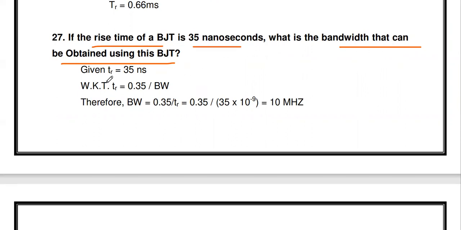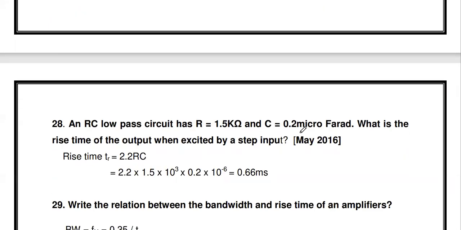The relation between the rise time and bandwidth of the transistor is rise time equal to 0.35 divided by bandwidth. So the bandwidth is equal to 0.35 divided by TR. So 0.35 divided by 35 nano, nano meaning 10 to the power minus 9. Solving, we get the answer 10 megahertz. So the bandwidth of the BJT is 10 megahertz.